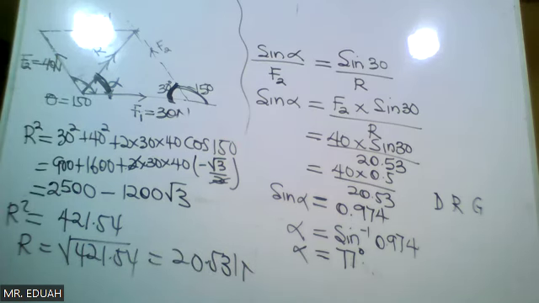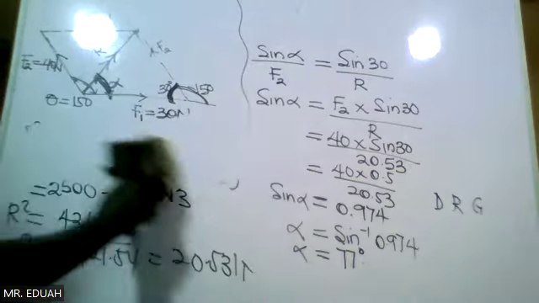Sir, please, apart from sine alpha, is there any other rule you can use to find the direction? That's what we are coming to look at, the other way out.